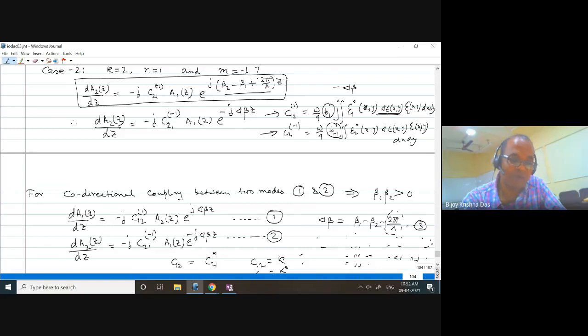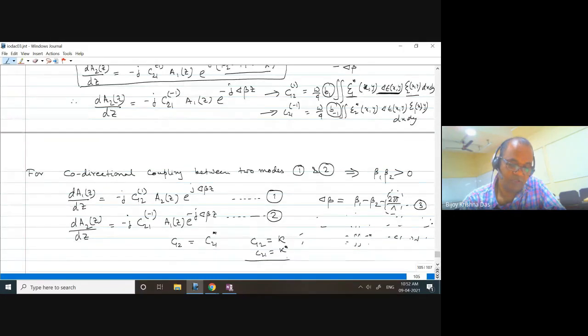Existence of this perturbation means existence of the second waveguide in the cladding region. And this field is the field distribution for waveguide 1, and this is the field profile distribution in waveguide 2. And the same type of kappa equation, C12 and C21, we can use for both cases. This condition is also valid.